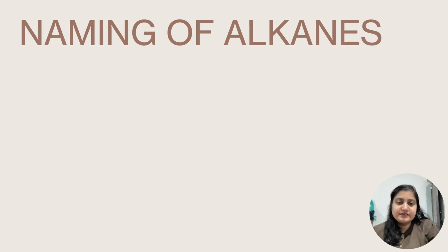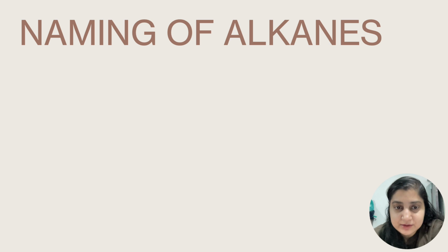So let's go next. Now, naming of alkanes. Some common things I'm going to tell you over here, and then we'll start with the steps. First of all you need to understand that if there are carbon chains, let's say it is C with H, H, H, H. If there is a single carbon, the prefix will be meth.